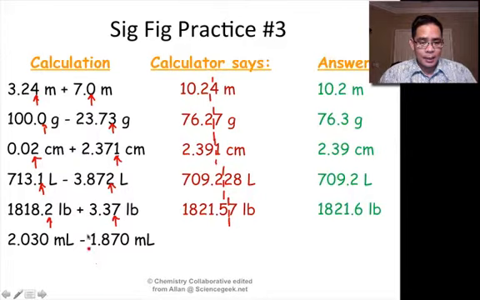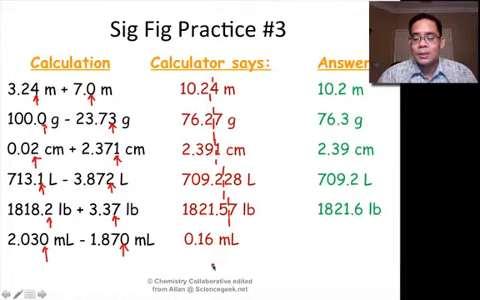And then last but not least, these are both to the thousandths place, which means I don't have to round. My calculator answer does not have a thousandths place. I have to communicate that thousandths place, so I better put a 0 in that spot. So you need to be careful that sometimes the zeros don't show up and you have to add them at the end. That's why that last example is there.